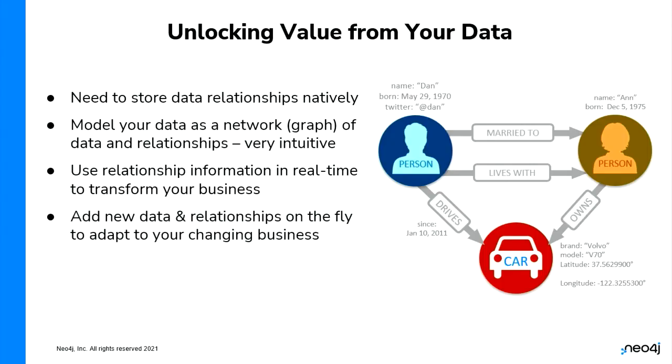You've got to think about your data as a graph. It's a big mind change, going from what everybody's most familiar with, which would be tables or spreadsheets. It's a big mind change to think of your data as a graph, basically nodes and relationships. Using that relationship information in real time helps you transform your business.